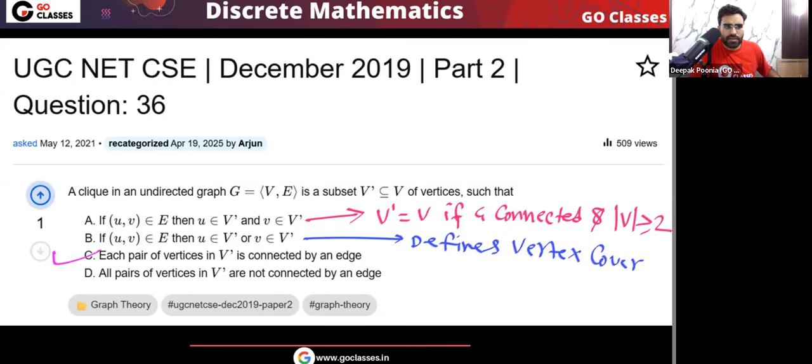And you can see option C defines the clique. And what about option D? All pairs of vertices in V dash are not connected by an edge. So this option D defines independent set. Okay, that's it. Very simple.